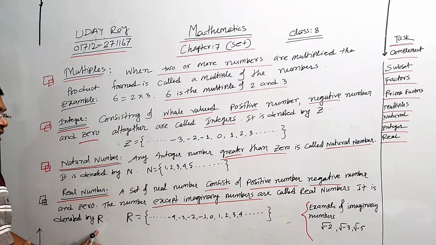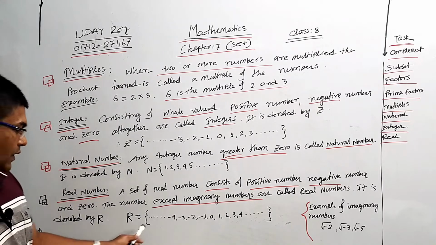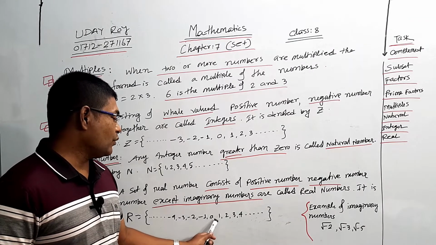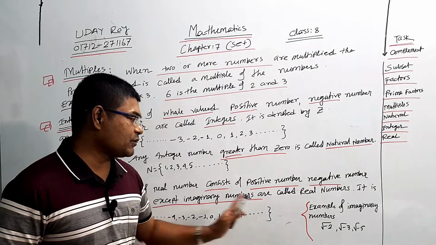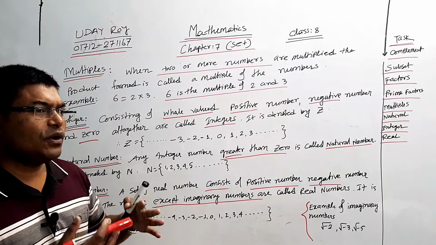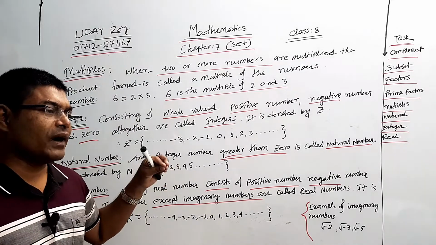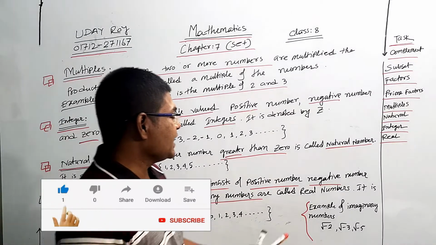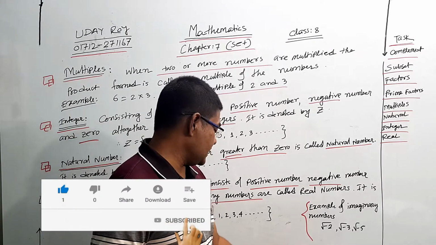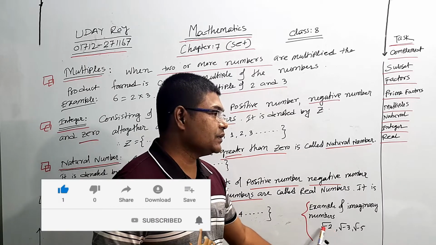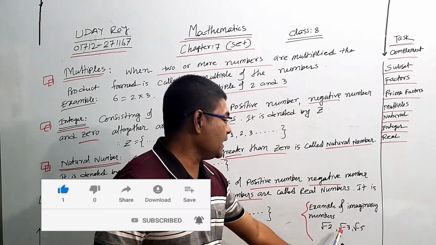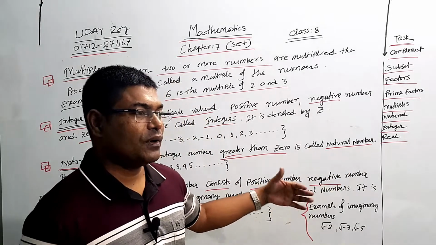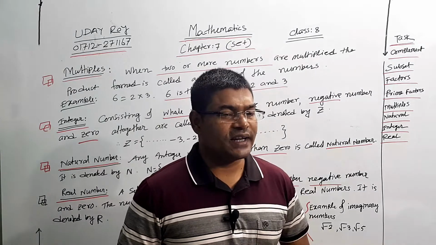It is denoted by R. Okay, so up to infinity, minus 4, minus 3, minus 2, minus 1, 0, 1, 2, 3, 4, dot dot up to infinity. I have mentioned one word here, imaginary number. What is an imaginary number? You can see here, for example, the square root of minus 2. This type of number is an imaginary number. Be careful. Okay, let's come back to the next math.